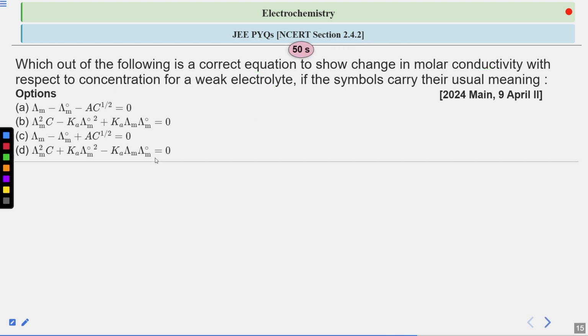Try to solve this as per the question, choosing the equation that correctly shows the change in molar conductivity with concentration for a weak electrolyte. Then we will see what the correct answer is.